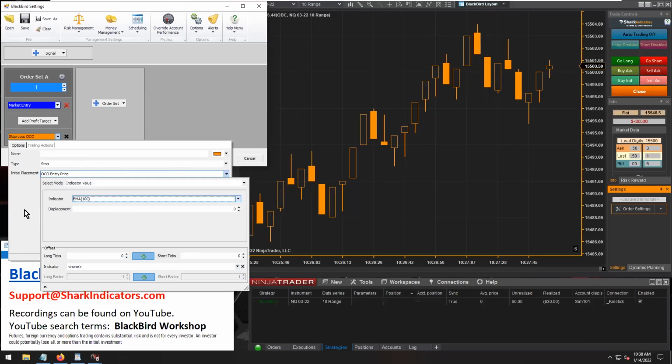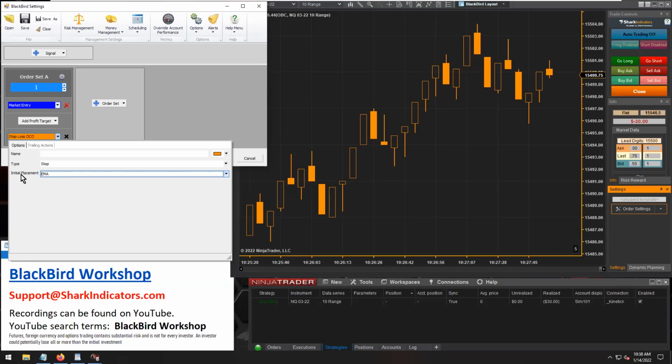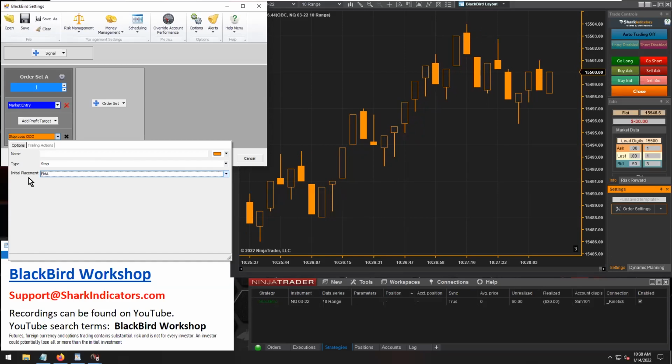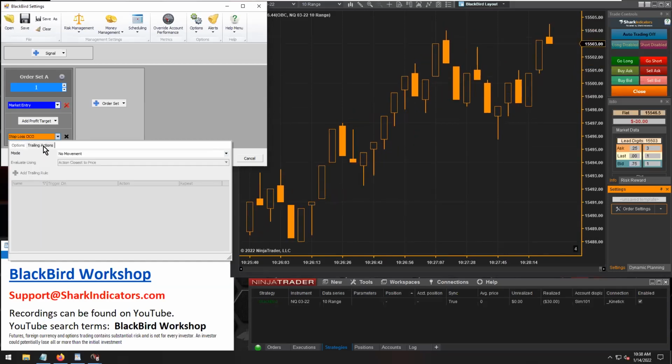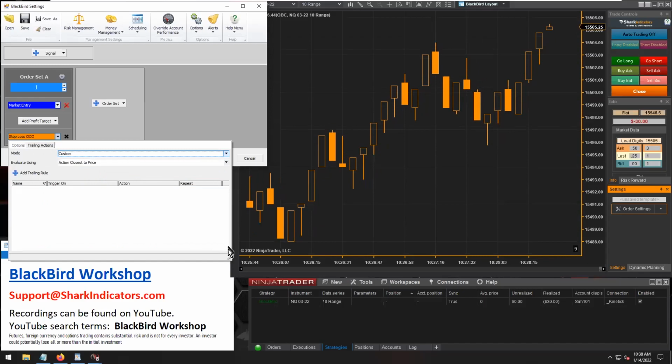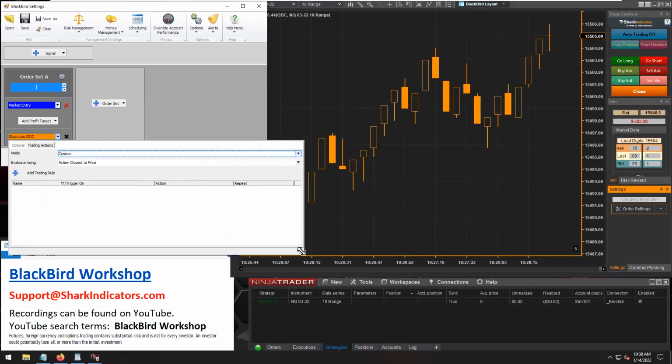So that's the first step. Our stop loss is going to start off at the 100 EMA. Now let's go into the trailing actions, and we're going to set the mode to custom. Now we can start creating some custom trailing rules.